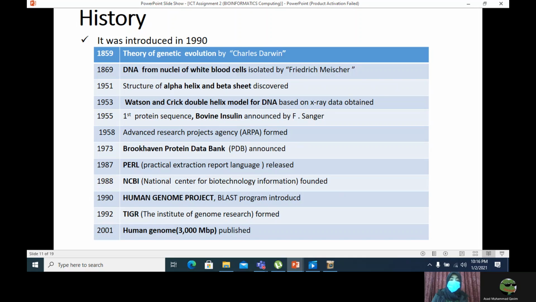In 1953, Watson and Crick's double helix model of DNA was discovered through X-ray. In 1955, the first protein sequence was announced. In 1958, and so on till now, different organizations and projects have been launched, like ARPA, PDP, PERL, NCBI, Human Genome Project, DIGR, etc., to enhance this field.